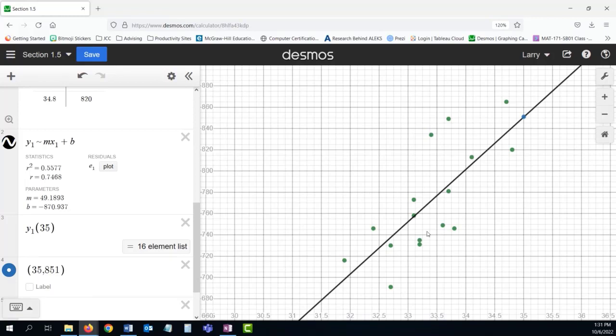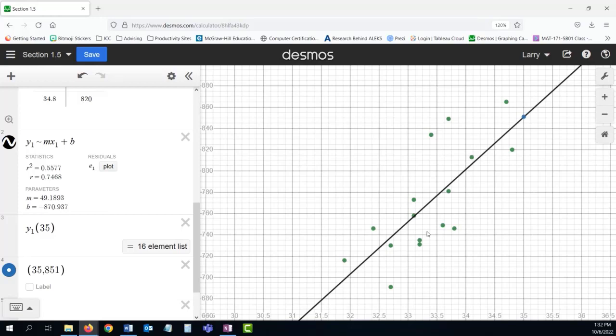It goes through and finds the way to make the area of all of those squares the smallest number possible. So this line is the equation, the set of points that are the least distance away from every point in the data set on average.